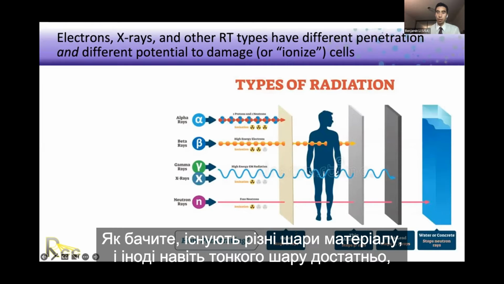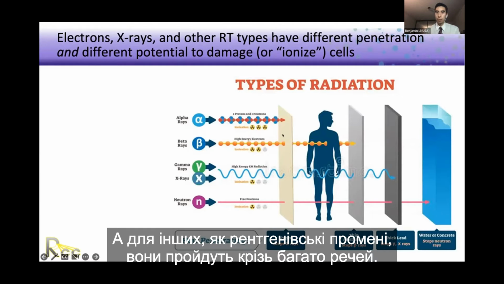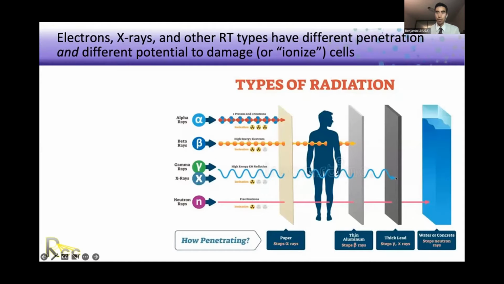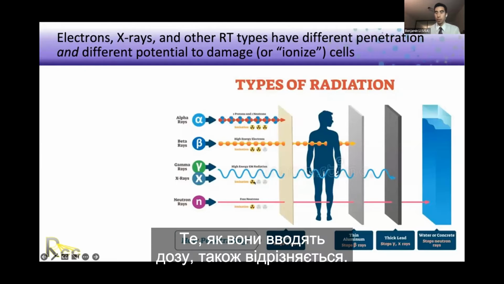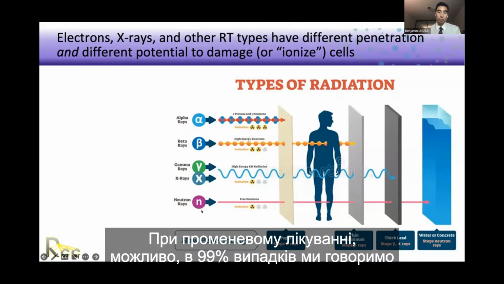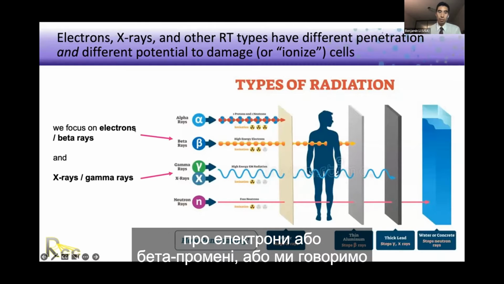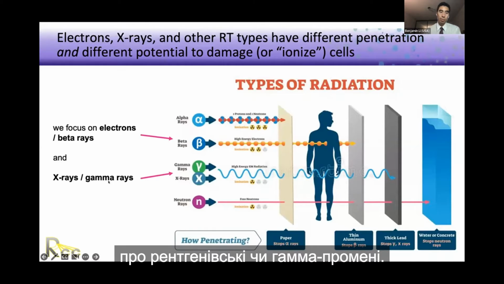And so you can see there's different layers of material, and for some, even a thin layer is enough to stop the particle. And for others, like X-rays, they'll pass through many things. And some pass through almost everything. How they deposit the dose is also different. For radiation treatment, maybe 99% of the cases, we're talking about electrons or beta rays, or we're talking about X-rays or gamma rays.